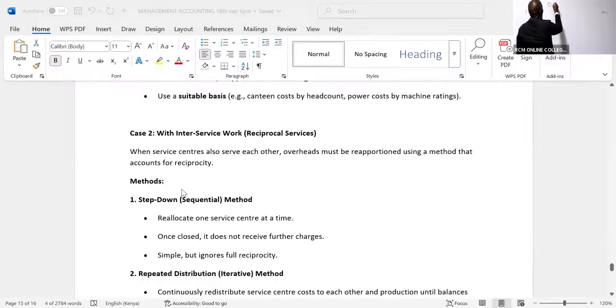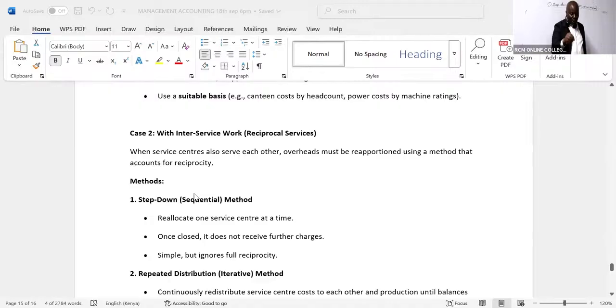Step down is what you'll get your examiner at times calling the sequential method. Step down method is also known as the sequential method.